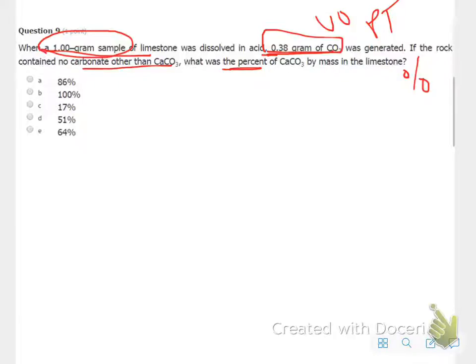Okay, so I'm going to start with my balanced equation. I have calcium carbonate, and I'm going to make calcium oxide and CO2. Okay, and that's balanced.